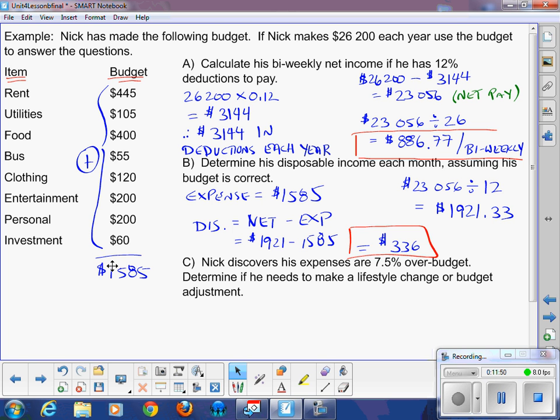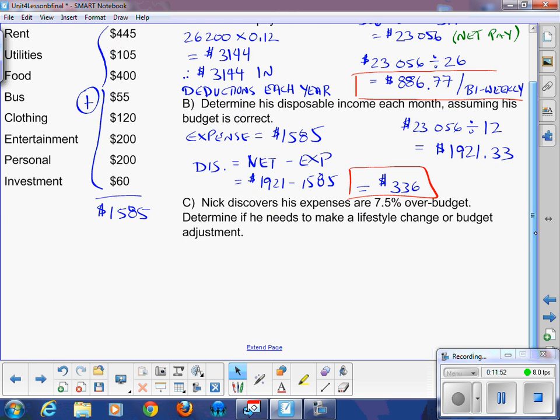Final one, Nick discovers that his expenses are 7.5% over budget, so he didn't anticipate it properly. Determine if he needs to make a lifestyle change. Well, now I need to increase his expenses, the $1,585 times 0.075. So I'm figuring out how much of an increase it is, because it's over by 7.5%.